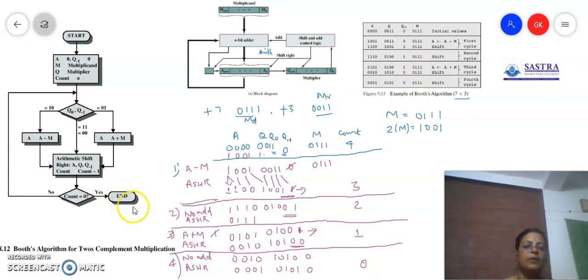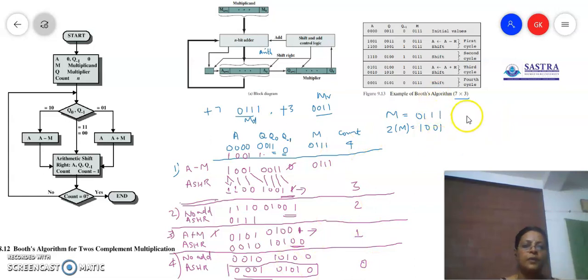Where will be the product? The product is supposed to be in AQ. So what is the product you are having? It is this number. Now we have to check whether this number is the required magnitude or not. So what is this number? You can take it down. It is going to be 0 0 0 0 0 1.